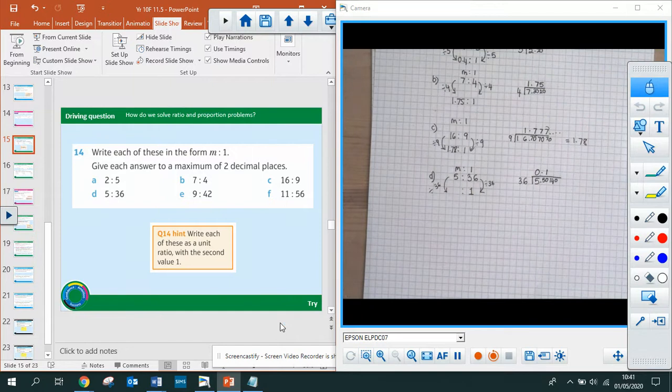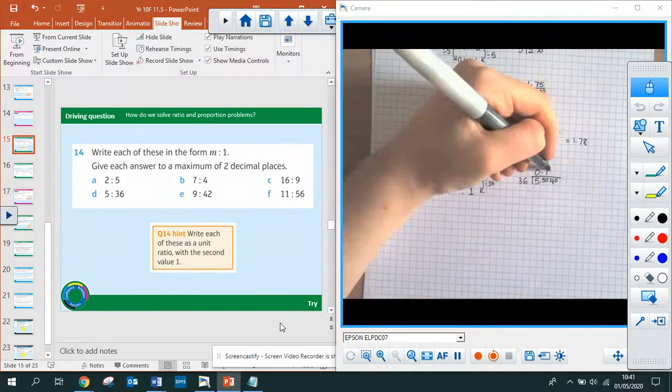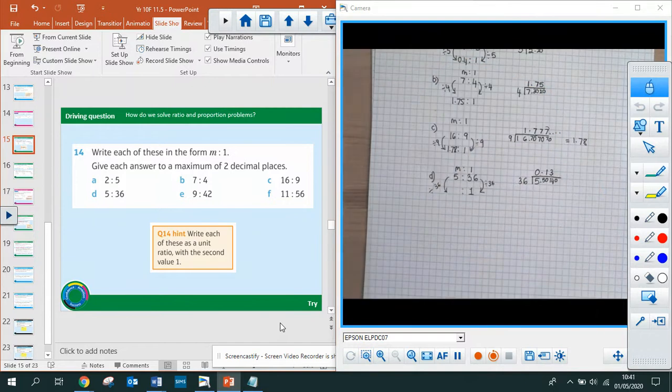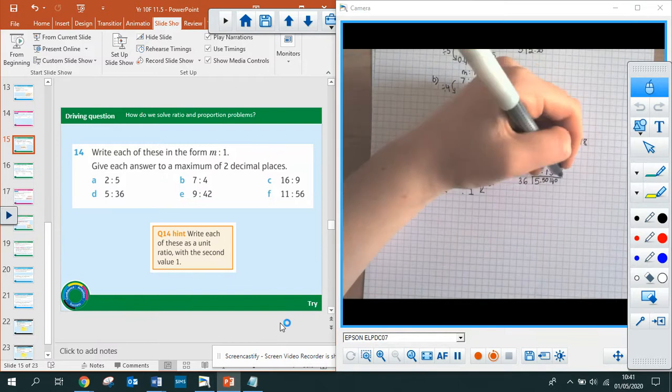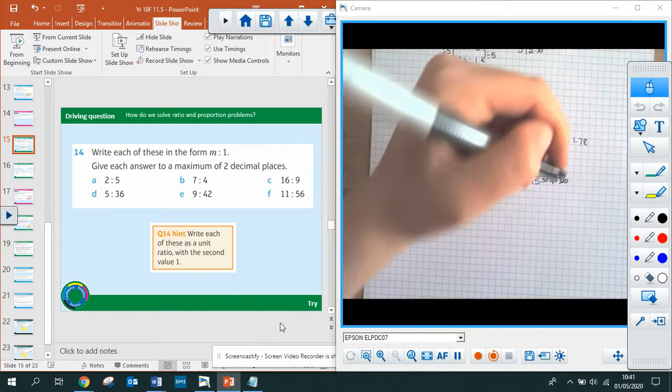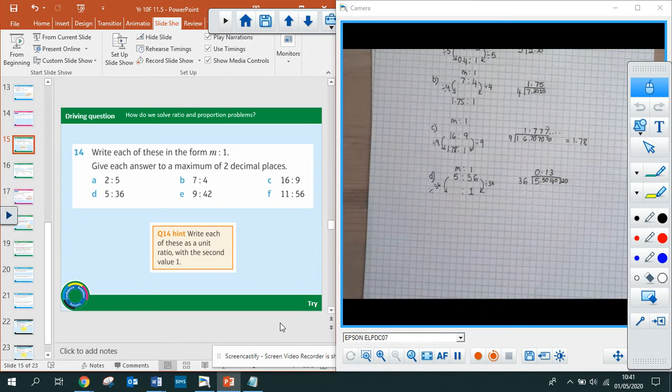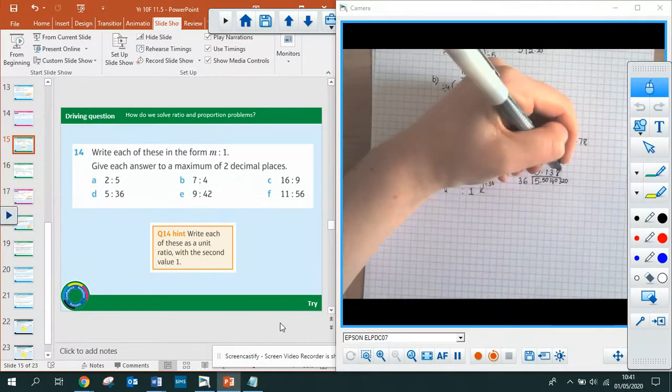Okay? 36 goes into 140 3 times, with 32 remaining. So we have 32 remaining there, so that becomes 320. Then we have to work out how many times 36 goes into 320. That's going to be 8 times, with some remaining.